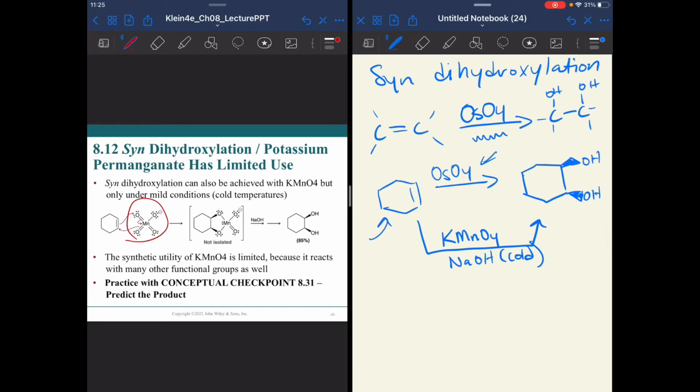Or if it's really easy to make and you can make lots of it, so the yield isn't super important, maybe going the cheaper, less toxic route is the way to go. These are practical decisions we have to make as organic chemists, and knowing multiple reactions that do similar things is part of the job. I typically will use osmium tetroxide, but you may come across practice problems where permanganate comes up, and I want you to be prepared for it.